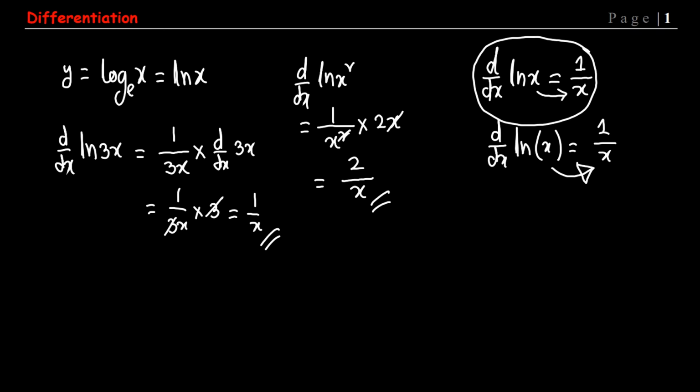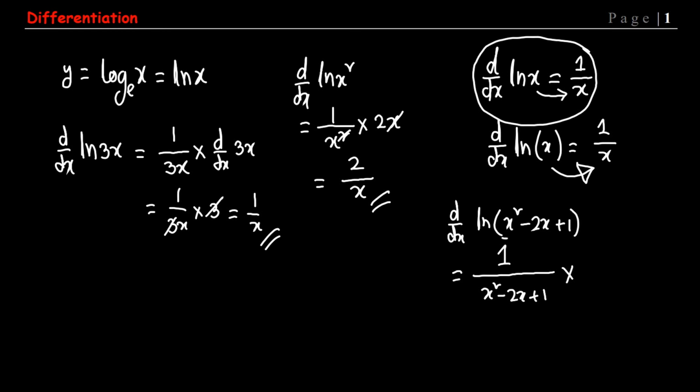Let me move to a few more questions. Say the expression given is ln of x square minus 2x plus 1, what is it? Similar. As ln we need to write 1 by something, the whole thing, which is x square minus 2x plus 1.